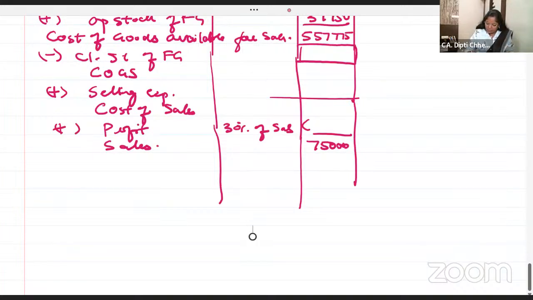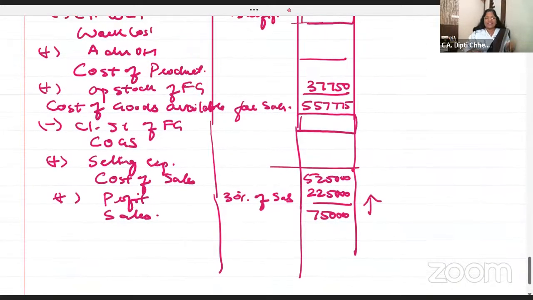So can we get the profit like this? 750 into 30%, 2,25,000. Minus 7,50,000. 525 you are getting cost of sales.